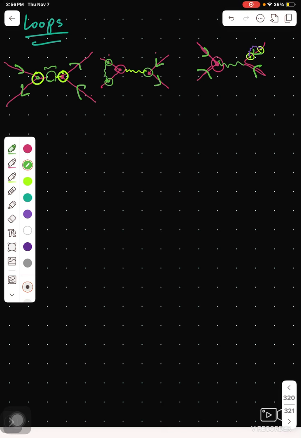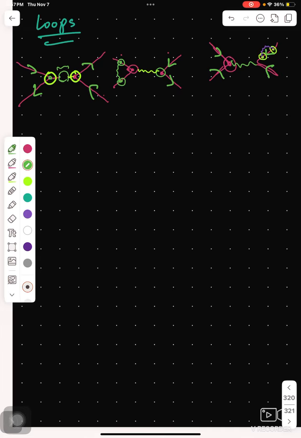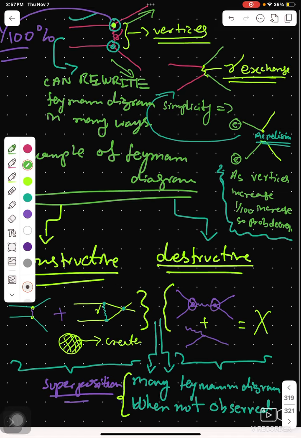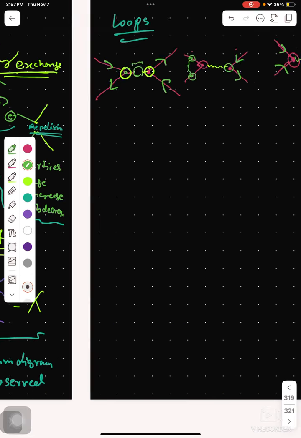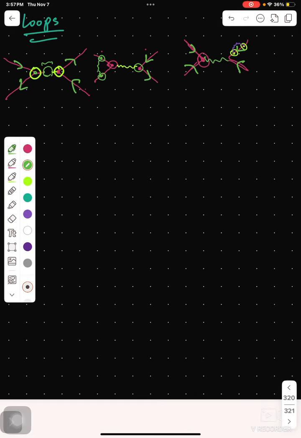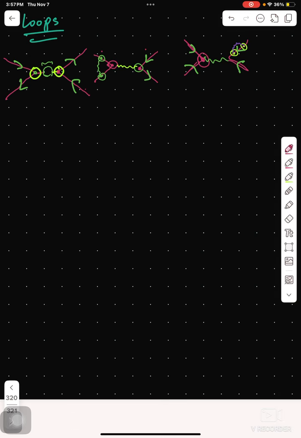So, what was I talking about? Loops. Yes, we are talking about loops. Now what I want to focus on is the math behind this, the math behind QED.